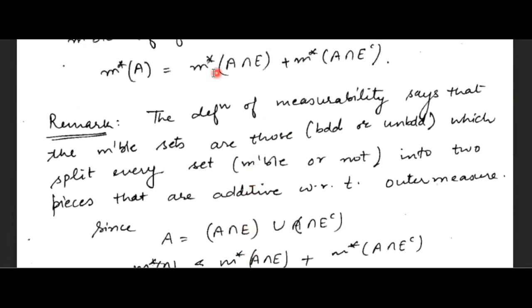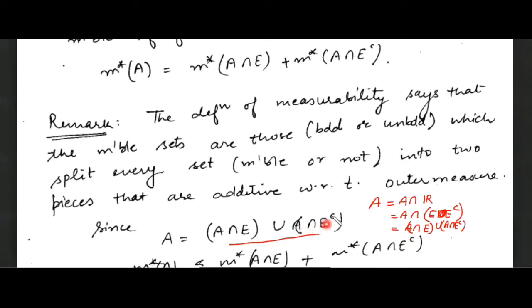So one side of the inequality always holds, since we can write the set A as A intersection E union A intersection E complement. Now why this? Just see, we can write A as A intersection R, and you can put R to be E union E complement. So you can write this as A intersection E union A intersection E complement.